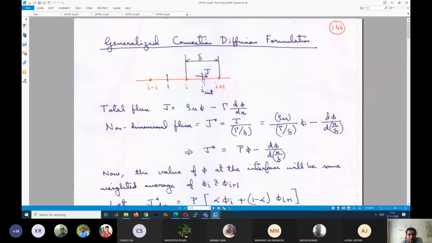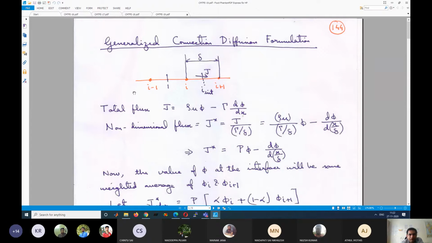Okay. So the interface between I and I plus 1, say it is the I interface. And the flux through here, meaning the total flux, includes the advective flux as well as the diffusive flux. So the total flux here is J. Flux is always calculated in the direction of the coordinate axis.